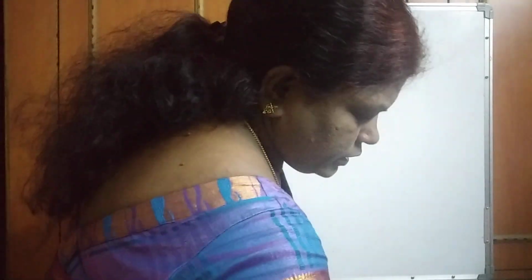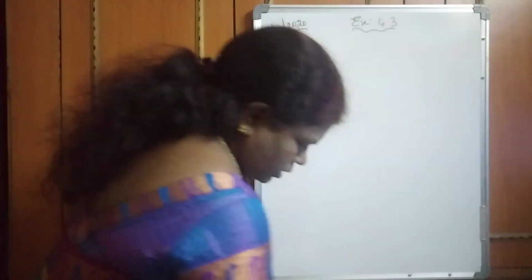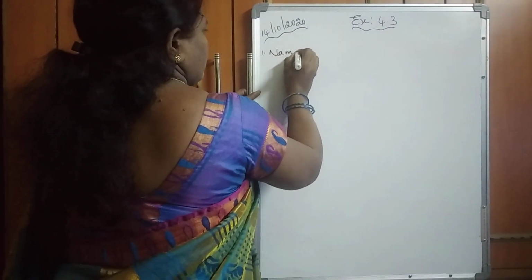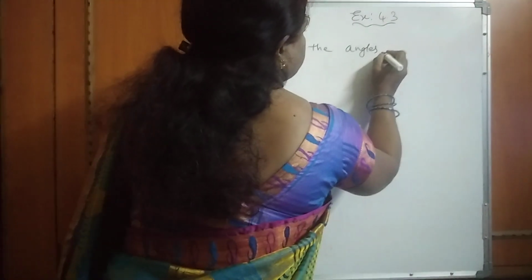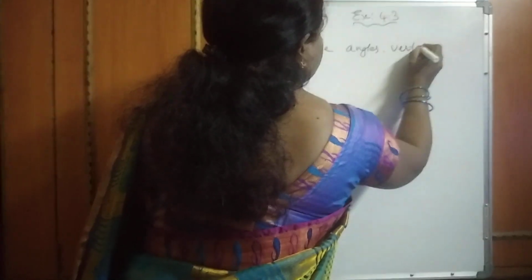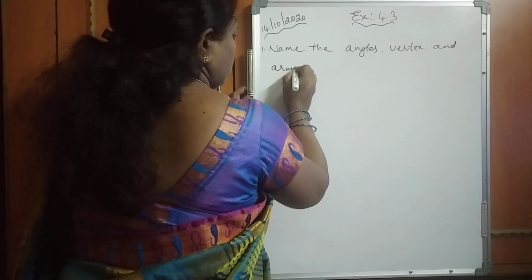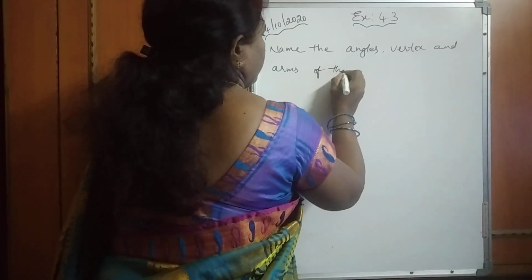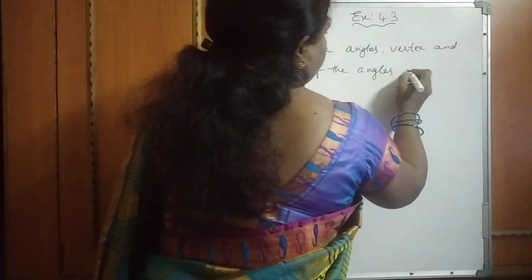So in this exercise, first sum, we will write the heading first. Name the angles, vertex and arms of the angles formed in the figure.